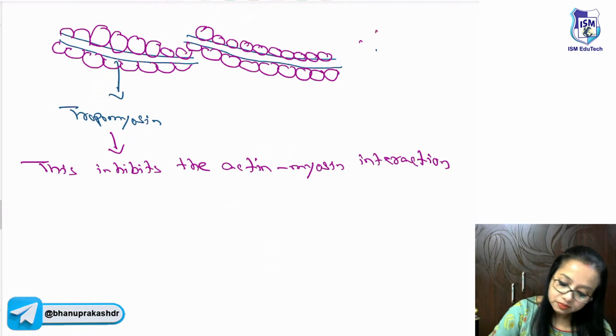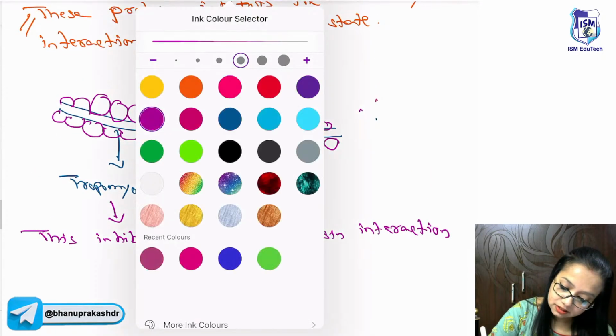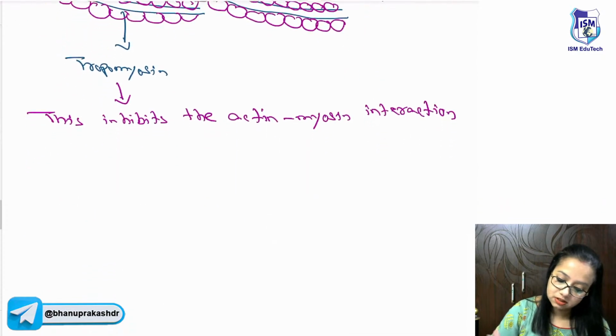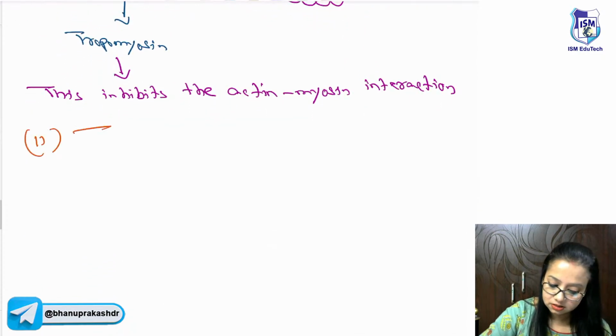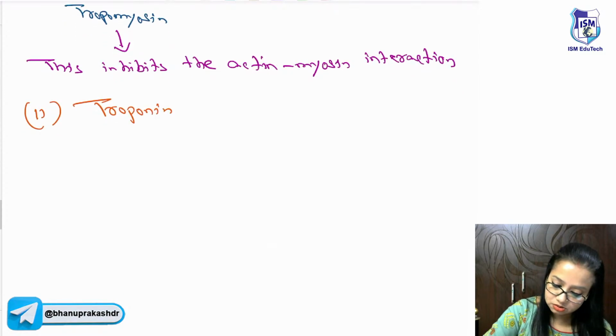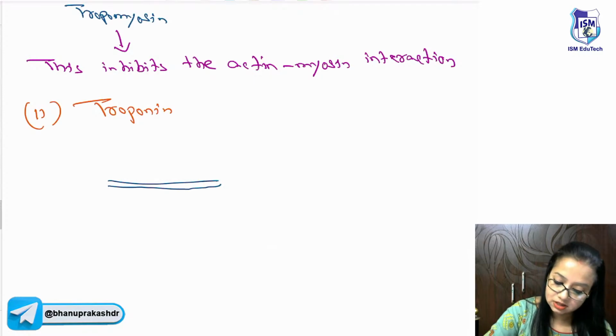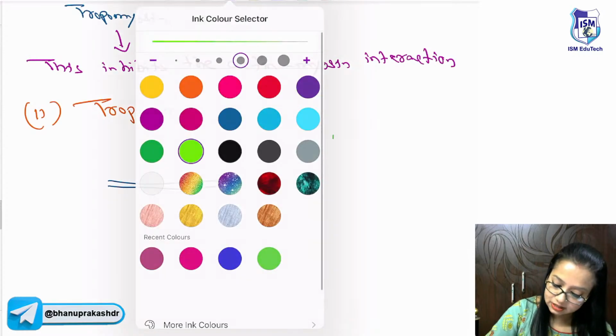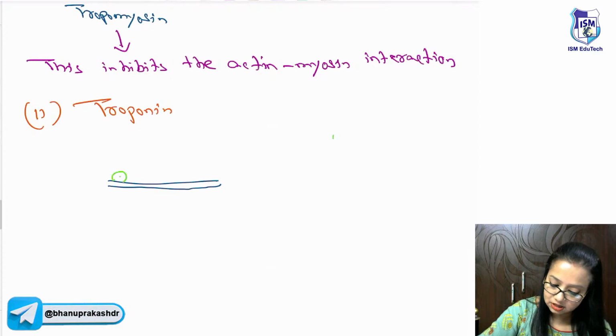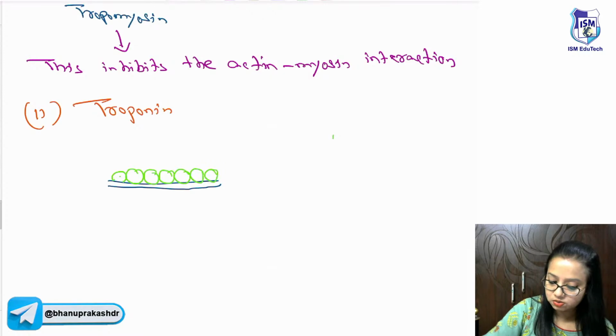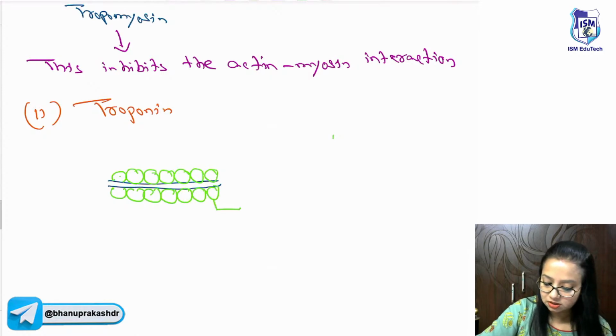Now, the second regulatory protein, which is the troponin. Drawing a segment of this tropomyosin along with this actin, it will stand out to be like this. Say, this is the tropomyosin and these are the actin filament, just a segment of it.